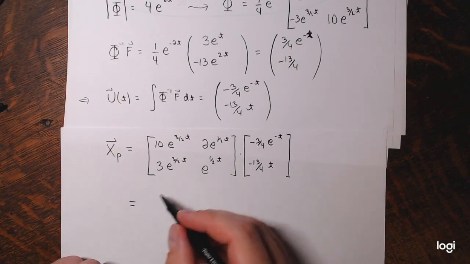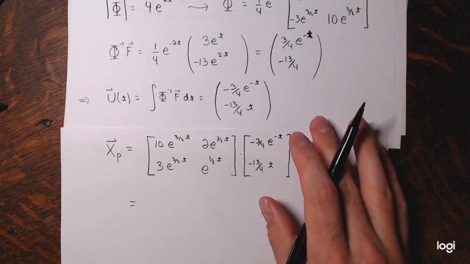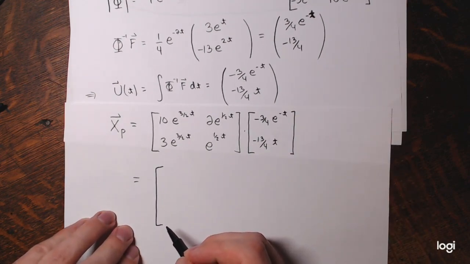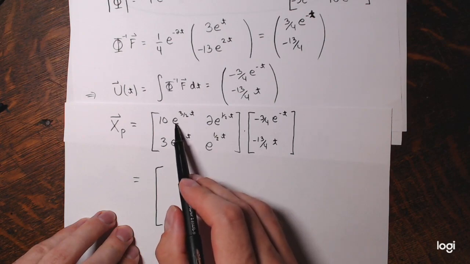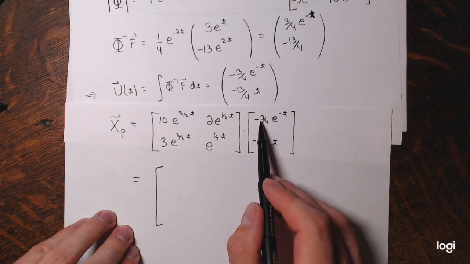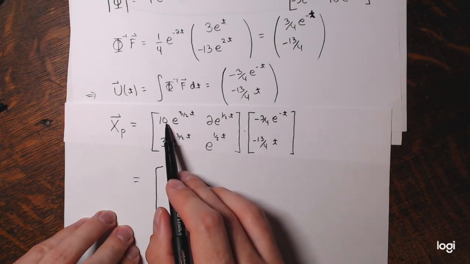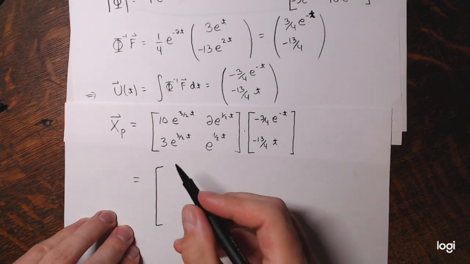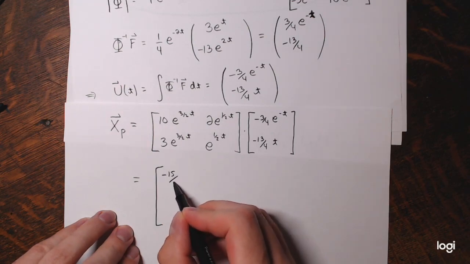All right, so again, I have a 2 by 2 times a 2 by 1. This is going to end up being a 2 by 1. So we have here 10, so negative 30/4. Well, that simplifies a bit. So negative 15/2.